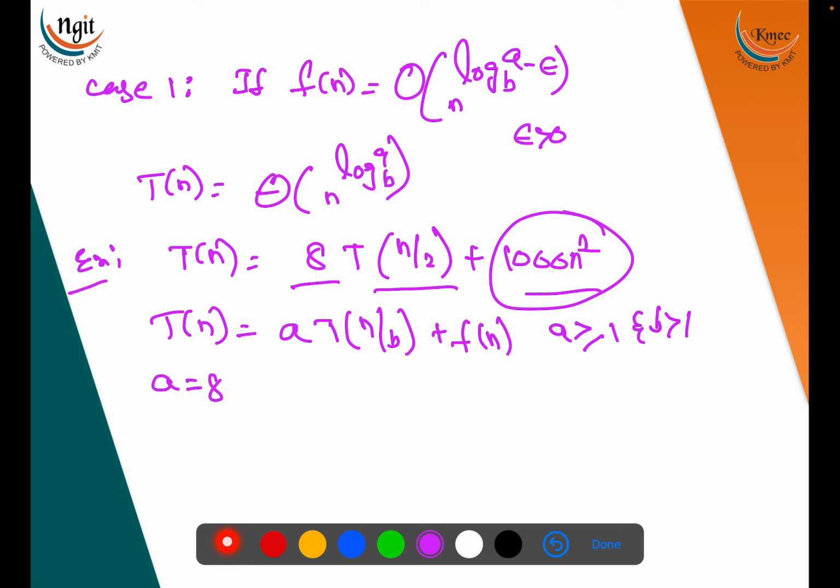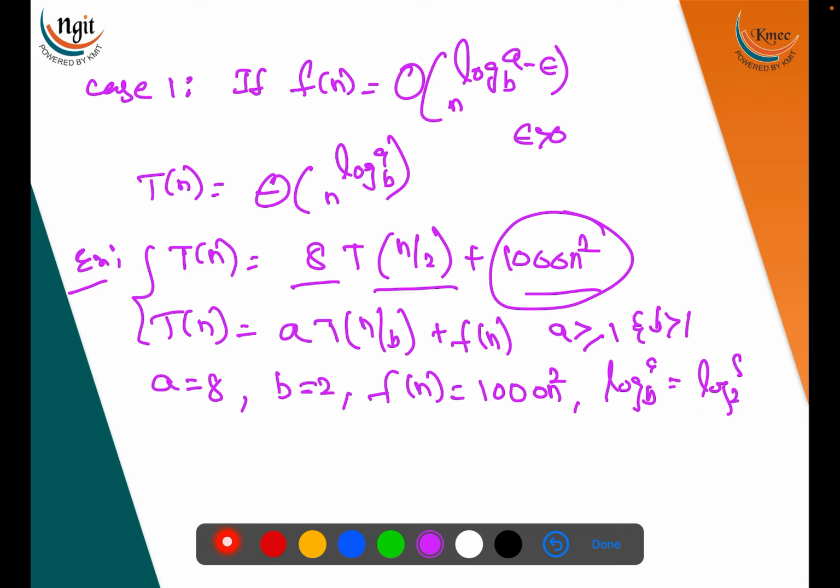When you compare these two, a equals 8, b equals 2 and f(n) equals 1000n^2. And log_b a is log base 2 of 8, which is 8 written as 2 cubed. Log base 2 of 2 is 1 and the answer is 3.